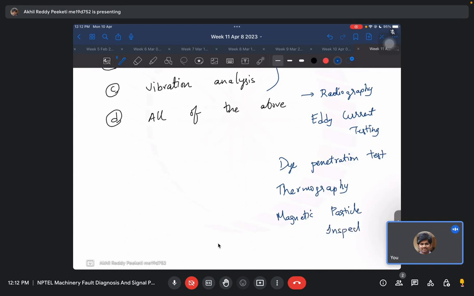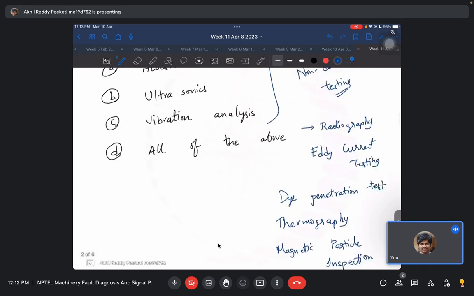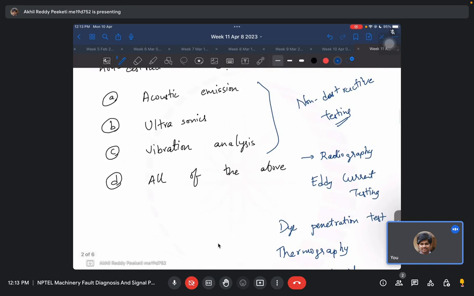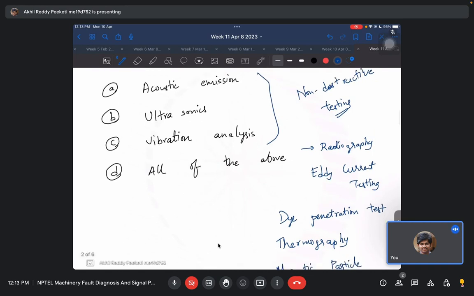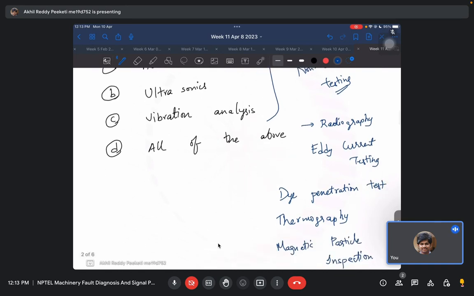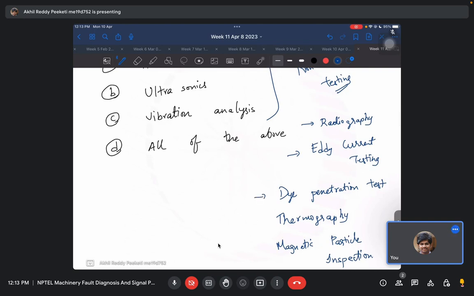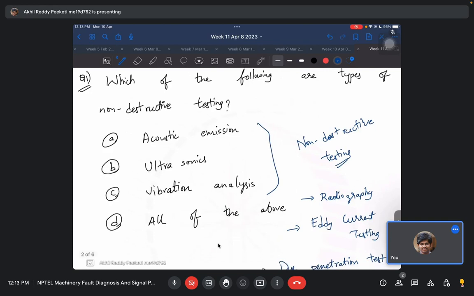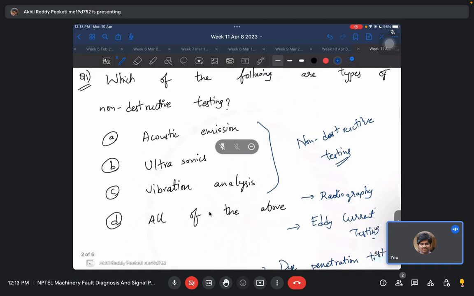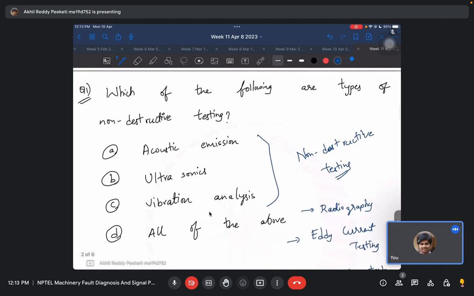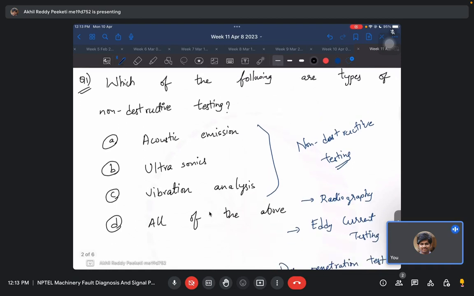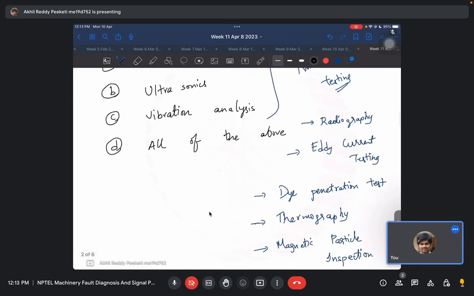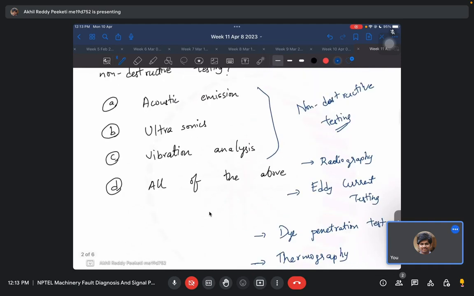So all these are examples of non-destructive testing, including acoustic emissions, ultrasonics, vibration analysis, radiography, eddy current testing, dye penetration testing, thermography, magnetic particle inspection. I hope this question is clear. These are some examples of the non-destructive testings. The answer is all of the above, actually.